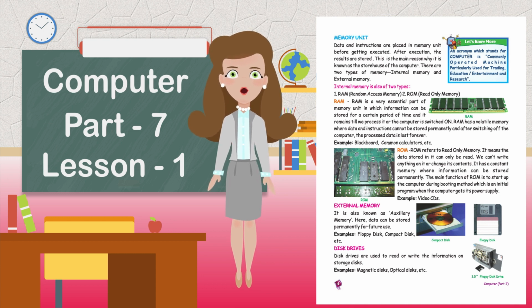RAM is a volatile memory where data and instructions cannot be stored permanently, and after switching off the computer, the processed data is lost forever. Example: blackboard, common calculators, etc.